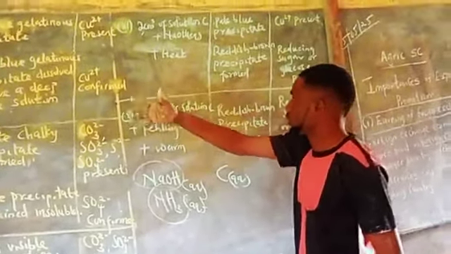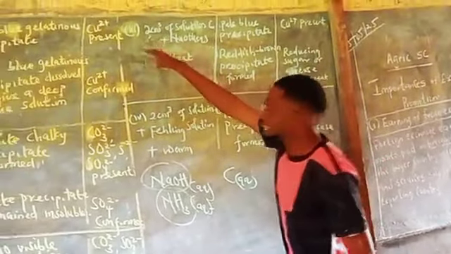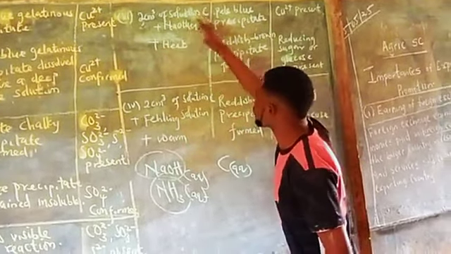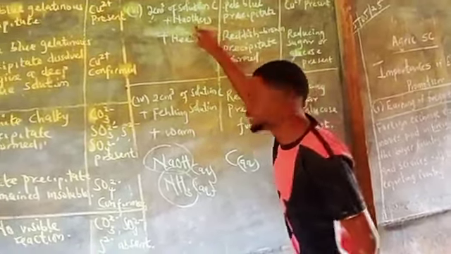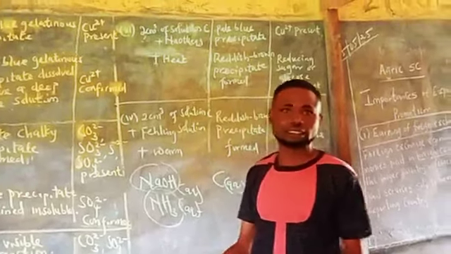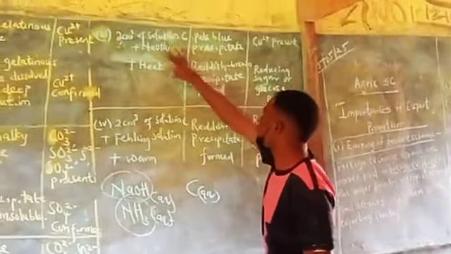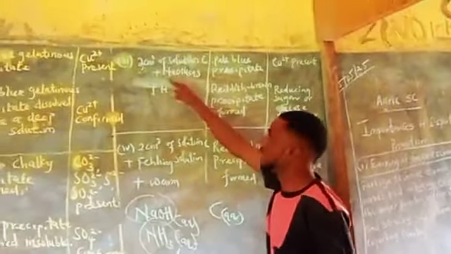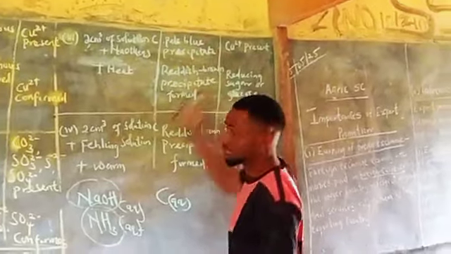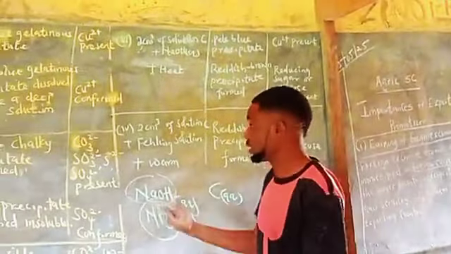For glucose, to the last portion, half centimeter cube of solution C, add sodium hydroxide in aqueous form, then heat gently. When you add sodium hydroxide solution, a pale blue precipitate forms. I believe you understand that, it is a simple one.